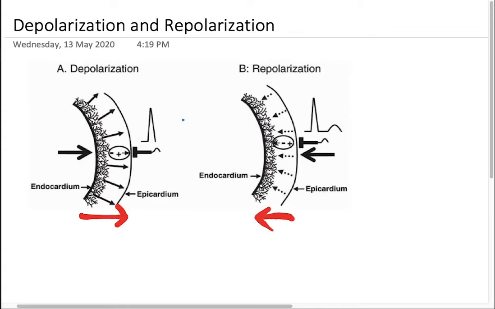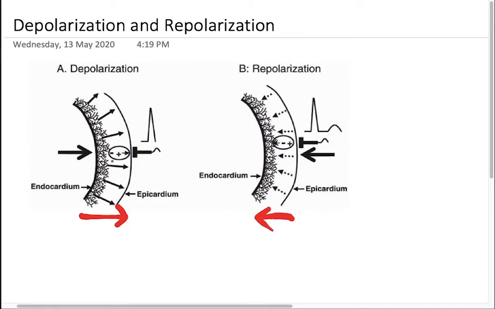Depolarization and repolarization are basically about charge distribution inside a cell. So in depolarization, the electrical change is from endocardium to epicardium, from negative to positive. So all the negative charges are replaced by positive charge from endocardium to epicardium.